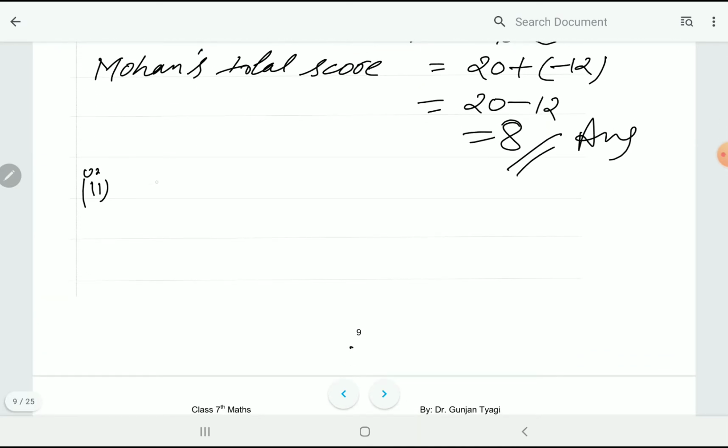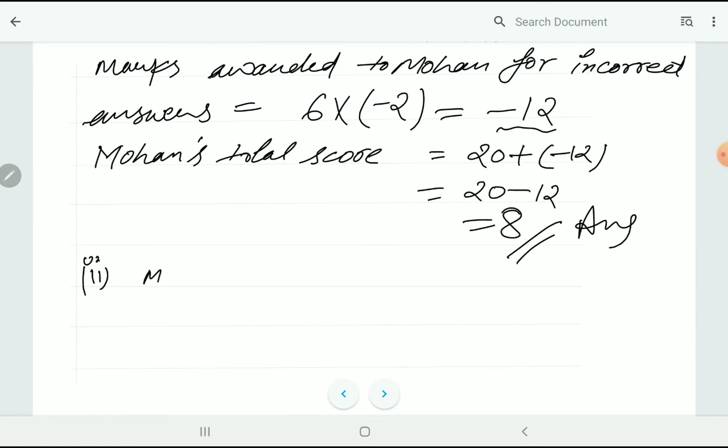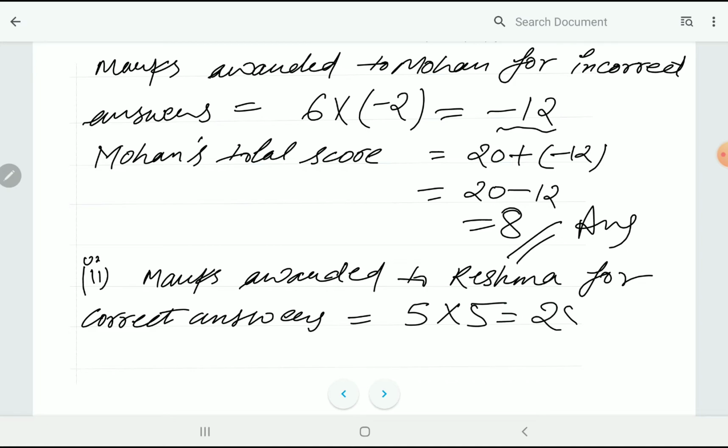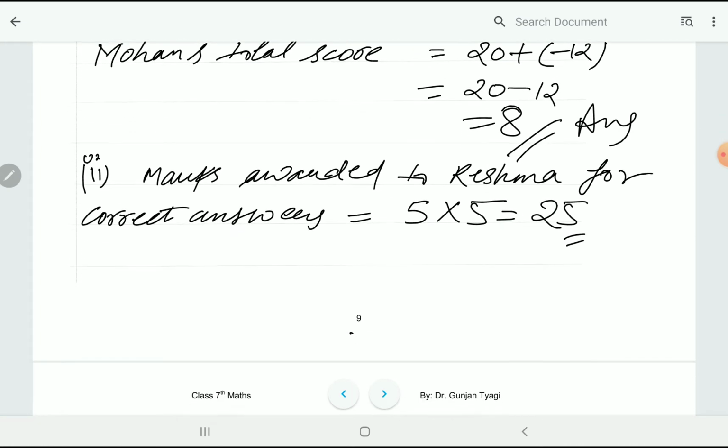So the marks awarded to Reshma for correct answers is equal to, she did 5 correct answers and marks for each correct answer is 5. So total marks for correct answers is 25.